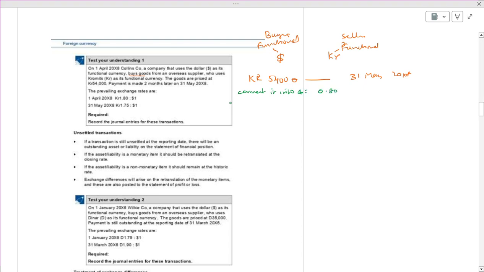I will put it like this: $1 equals 0.80.